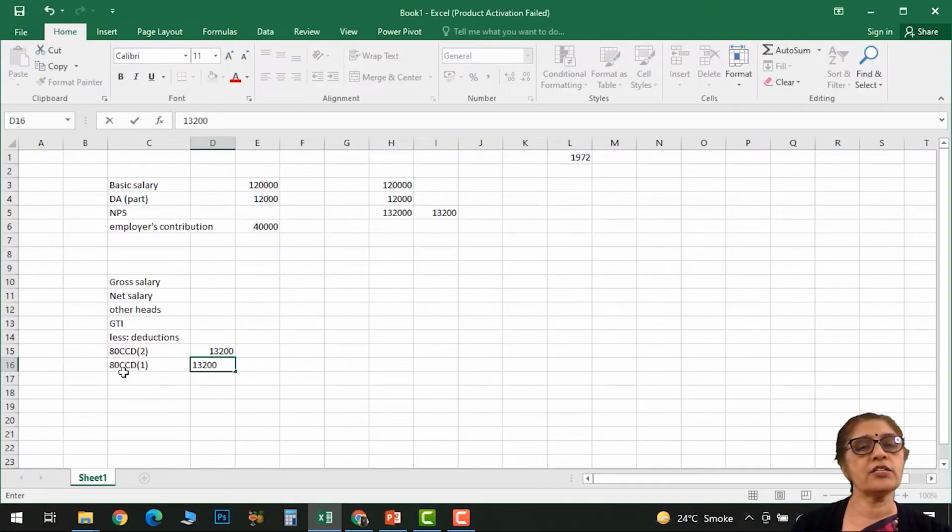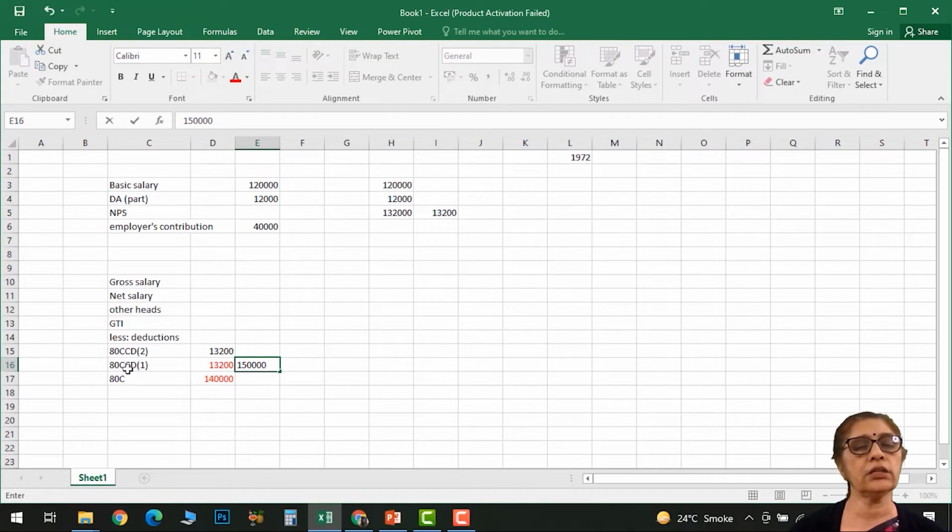So if we have 80CCD1, 13,200 and we have 80C worth, let us say 1,40,000, together these two cannot be more than 150. So we shall restrict these two to 1,50,000.